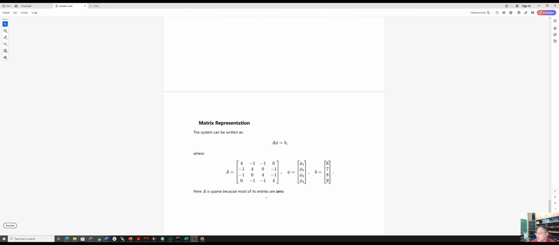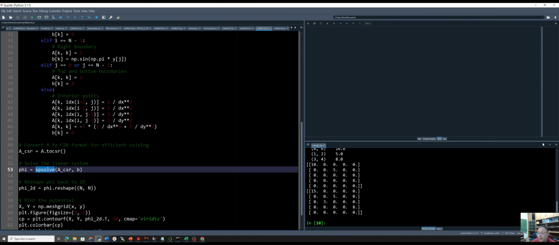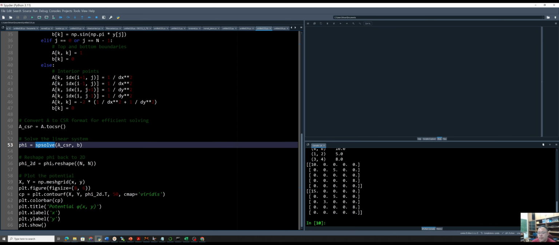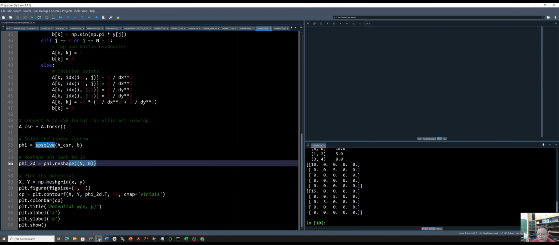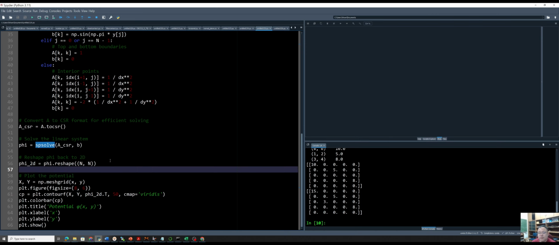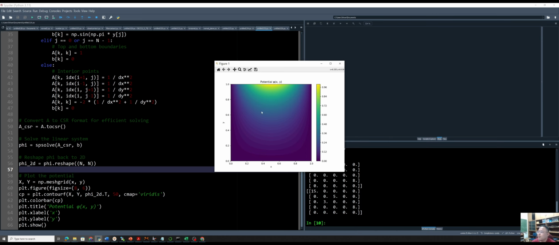When you put in the matrix, it will look like this one, mostly 0s. Then you can use this method to solve your equation and reshape back into a 2D dimension. Then use numpy meshgrid to create your data, your graph, which gives you this graph.